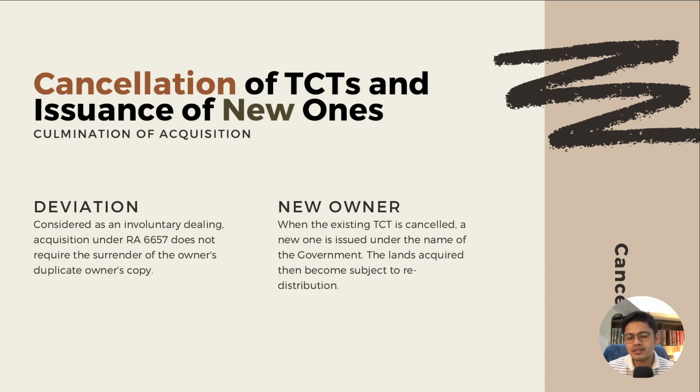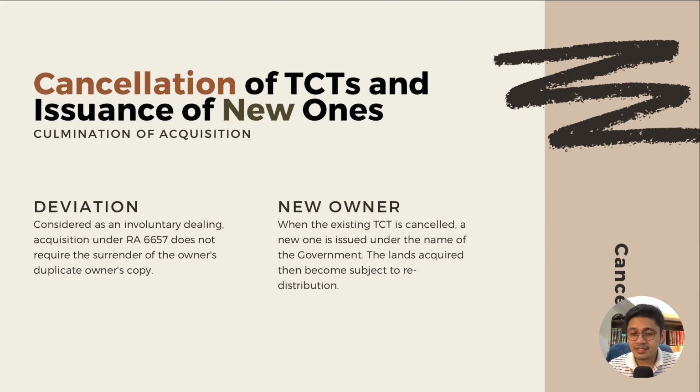Meaning, once the government or the DAR asks the RD to cancel the certificate of title covering a land that is subject to agrarian reform, the RD cannot say, oh, where's the owner's duplicate? We cannot cancel this without the owner's duplicate. Alright? Under the law, that's not a requirement, and therefore, even without the surrender, the existing TCTs may be cancelled, and the new ones under the name of the Republic may be issued.